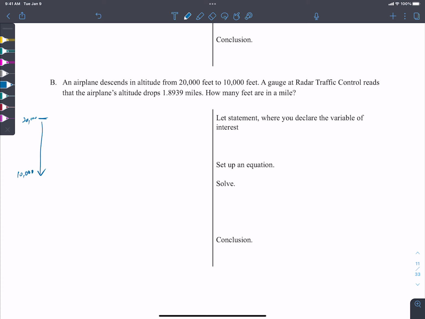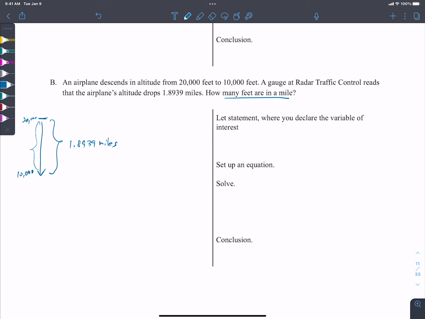A gauge in radar traffic control reads the airplane altitude dropped from here to here was 1.8939 miles. How many feet are in a mile? How do I do this? So we know that this went down how much, guys?